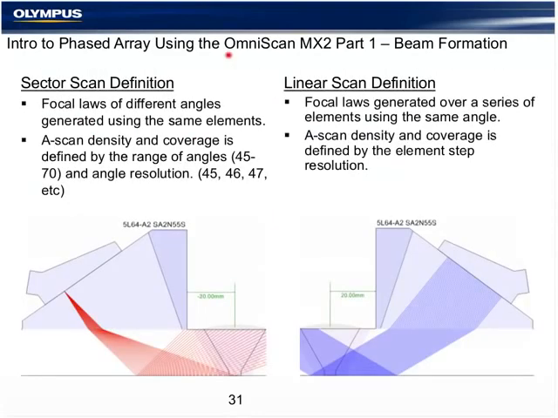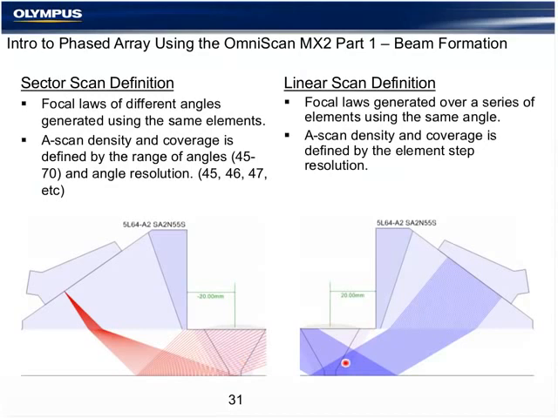And those come in basically two different groups of inspection strategies, or scans, as they call them. There are many forms of these, but the two most common, and the two supported directly in the OmniScan calculator, are a sector scan group and a linear scan group.